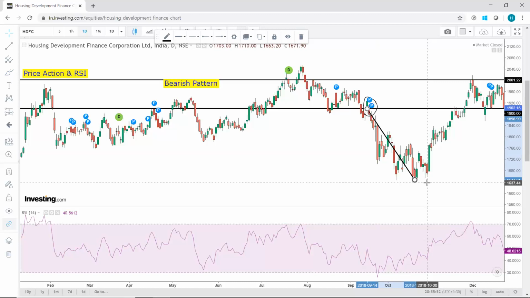So, first, let's try to understand what a false breakout is, then let's understand how to identify it. So a breakout is said to be false when the prices temporarily move above or below the key resistance or support levels, but then the trend is unable to sustain and it retreats back to the same side.